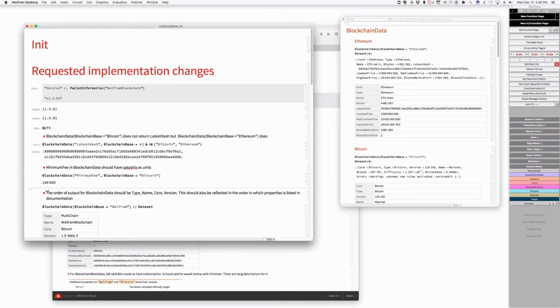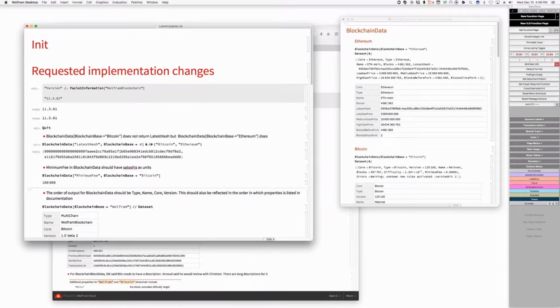Anyway, so minimum fee. Why doesn't that have units? Oh, it should have satoshis as units. Yes, and we already asked for satoshis to be included as units. Who's doing that? Working with Alan and Eric Weinstein.